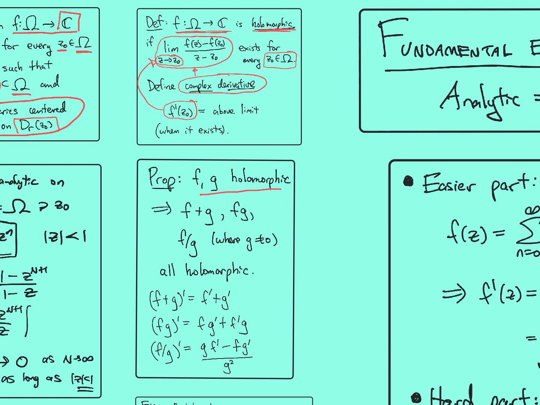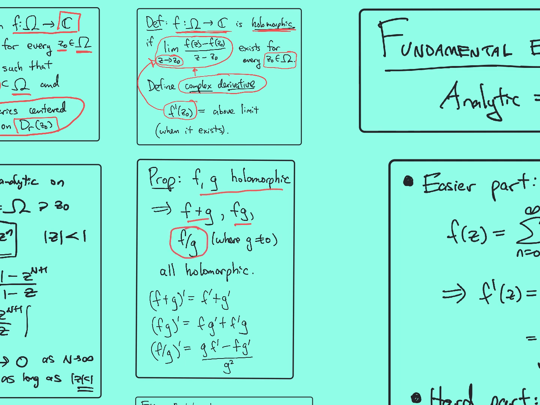So if I have two holomorphic functions, we have all of these nice closure properties that maybe would be a little tedious to check for analytic functions, but for holomorphic functions, the proofs are just like from calculus. So a sum of holomorphic functions is holomorphic, product.